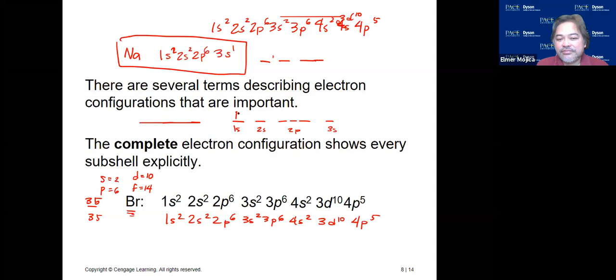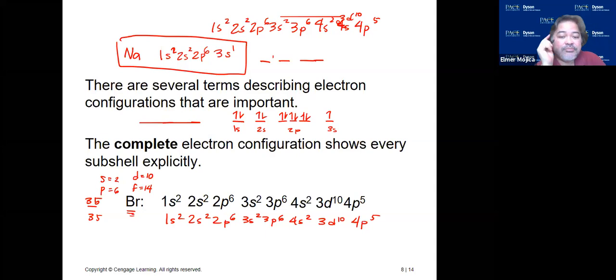So you could fill it up here, then this one, and then this. And then you just count the arrows that you have there and put them here. So you end up with this electron configuration.